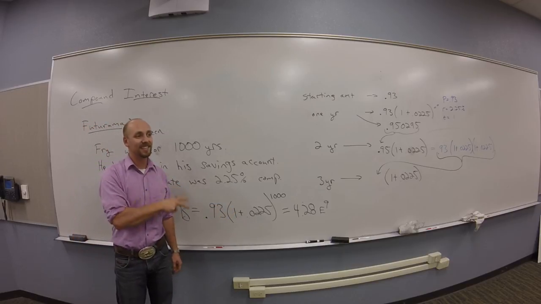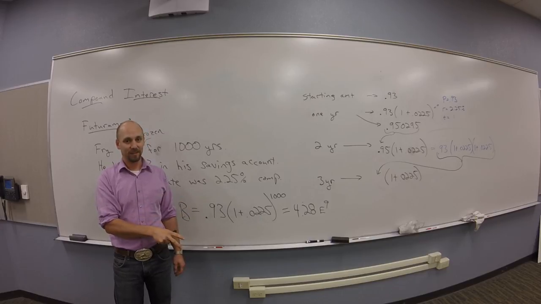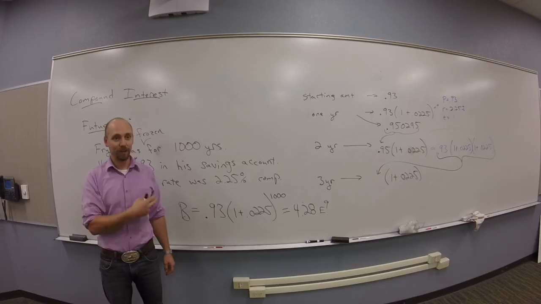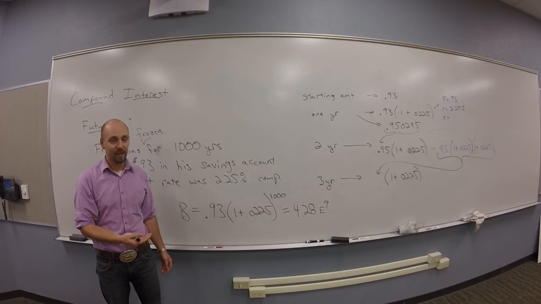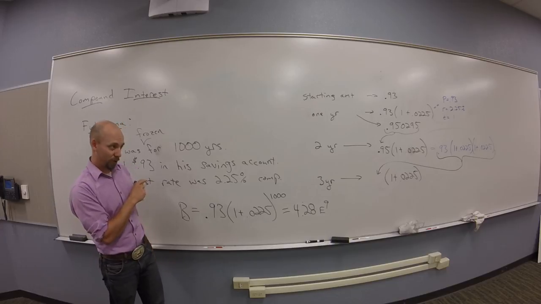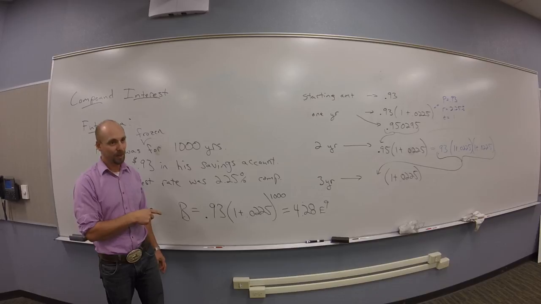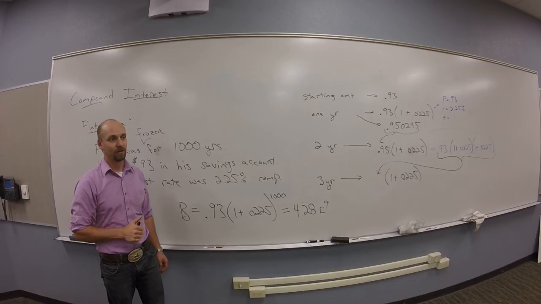Please realize this is how bank accounts ought to work. You really should get paid interest on the interest because it's still money that's sitting in your account. So there are very few, if any, bank accounts that actually pay simple interest. They'll pay compounding interest for the most part.